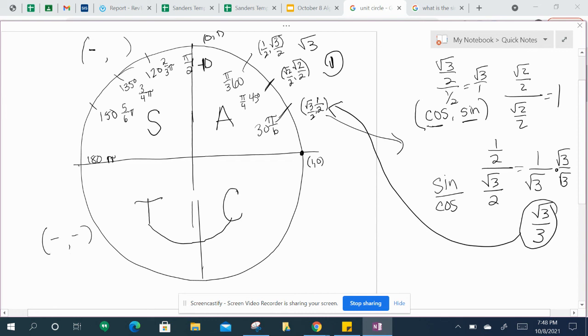That's why your tangent becomes positive, because when we take a negative divided by a negative, we get positive. And finally, over here in the fourth quadrant, we would have positive x's but negative y's. And so you would end up with positive cosines, negative sines, and then negative tangents. So that's the really, really quick version.